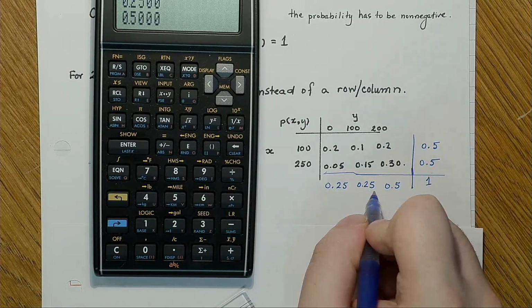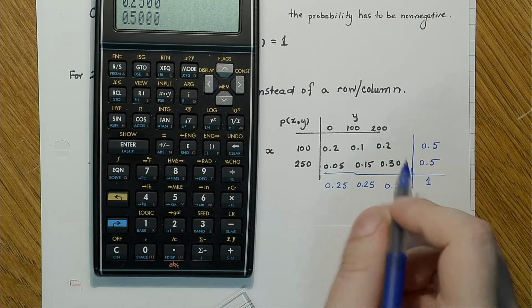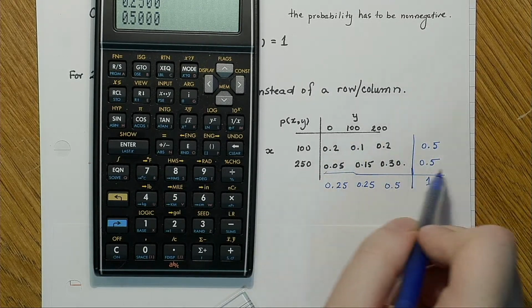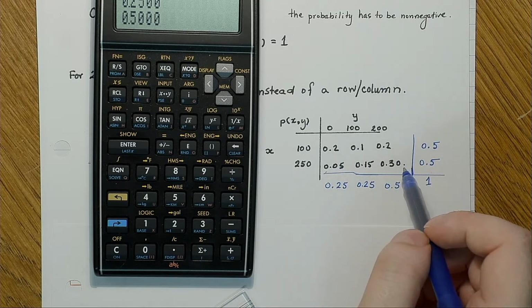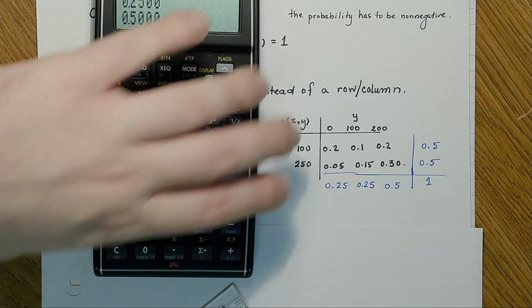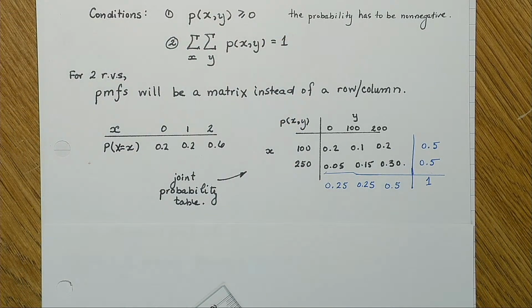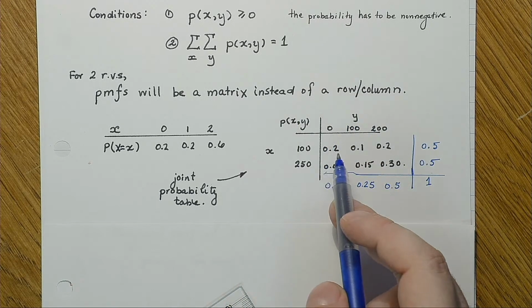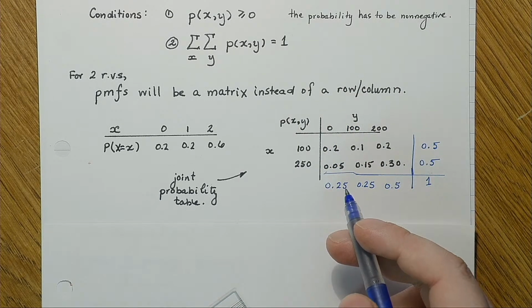So again, you have 2 quarters and 2 quarters here, so you have 1 as well. So if it sums up to 1 in one direction, it will sum up to 1 in the other direction. And over here, this is what we'll call a joint probability table.